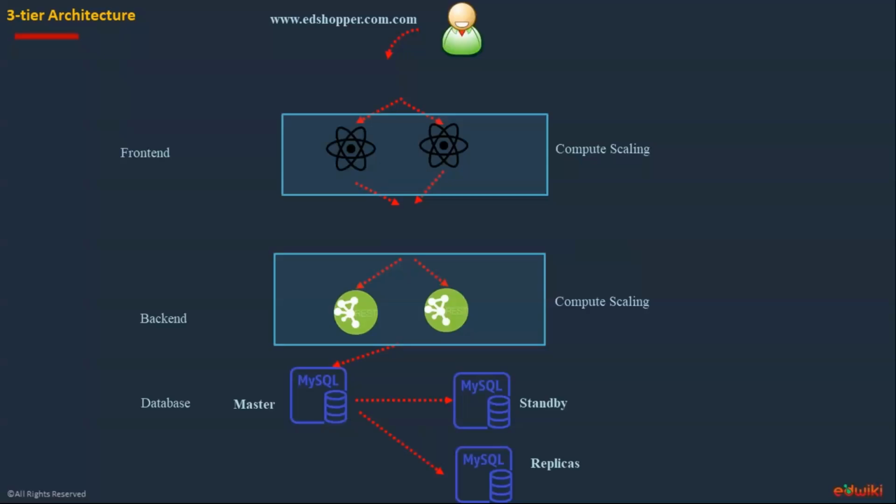A put operation definitely should go to the master only, because we need to store the data in one single place. But the get operation can be done from multiple replica copies, because the data that is put into the master DB is replicated into multiple different replica instances.